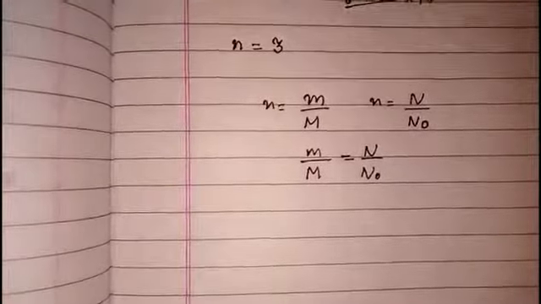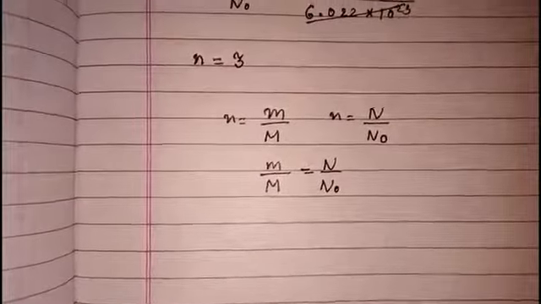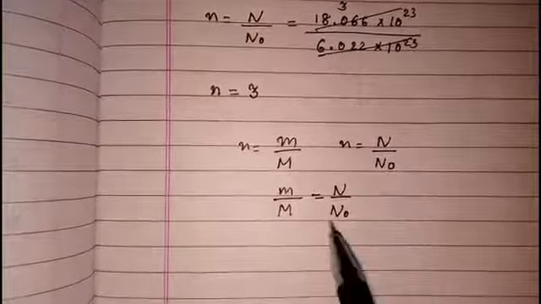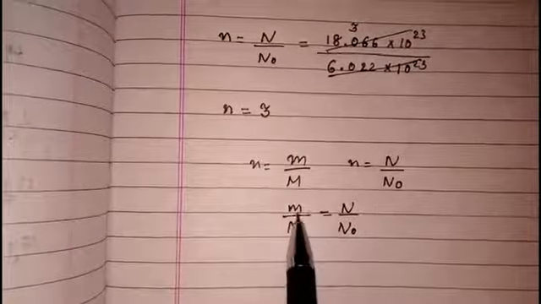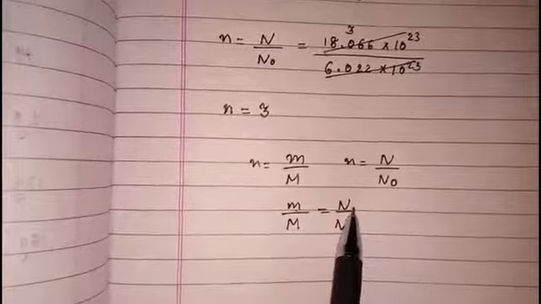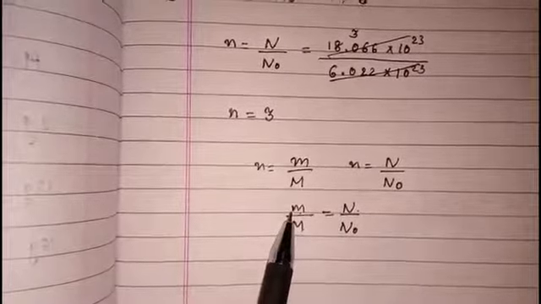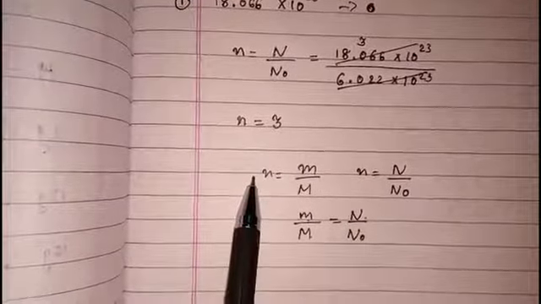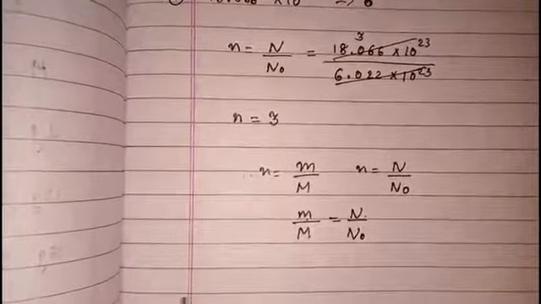So whenever you get this type of sum, first make a list of all the values you have. Automatically you will find the value which is not given to you. Sometimes they will give you the mass in grams, then you can find the atoms. If they give the atoms, then you can find the mass also, and if they give you any of these and tell you to find the number of moles, you can find that also.